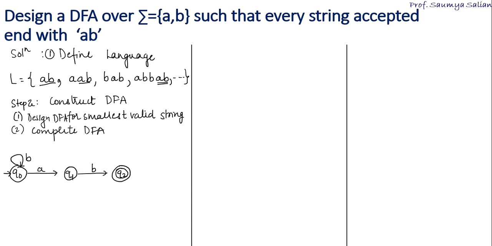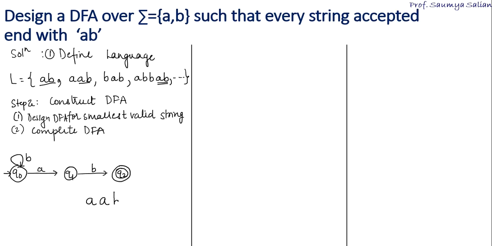Coming to Q1. To reach Q1 from the initial state, I have to come across the input A. Q1 has responded to input B. It has to respond to input A. On getting an input A, is it a valid string? Let's check. How can I reach the final state from Q1?